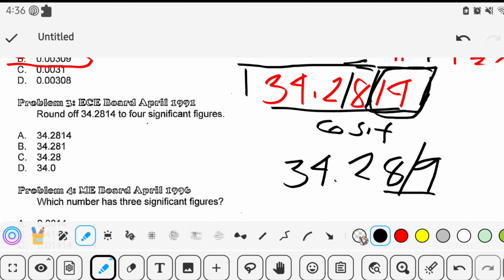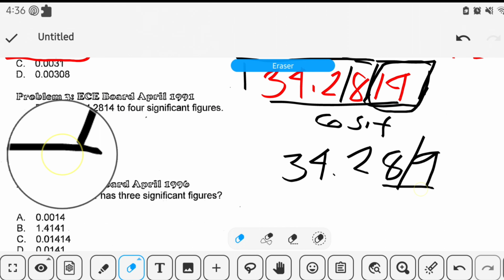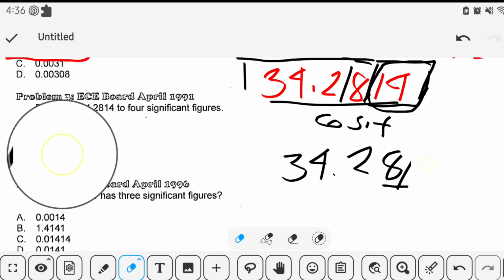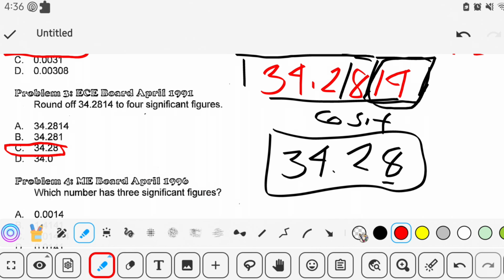Notice that the number after 8 is less than 5, so we round down and keep 34.28. So the answer will be letter C. Just count the significant figures and check whether the next number is less than or greater than 5.